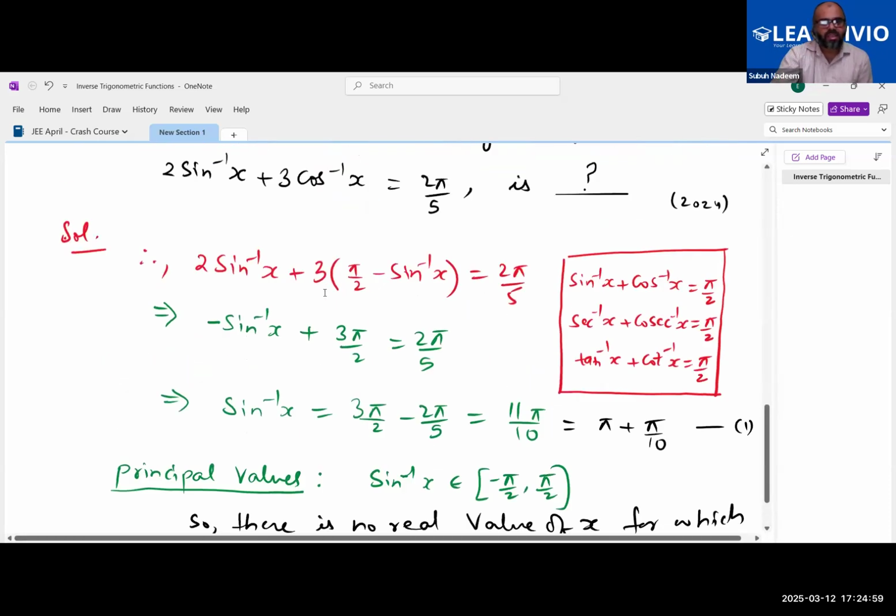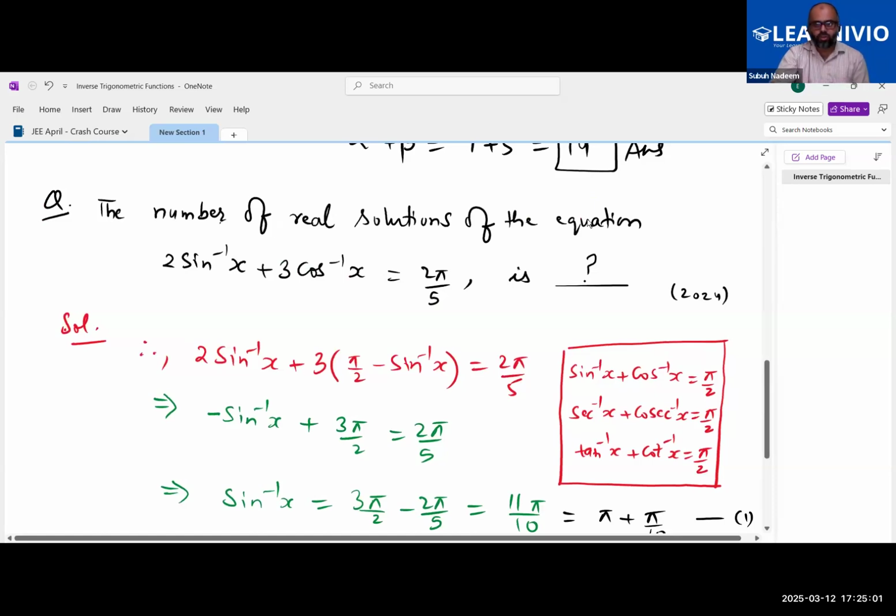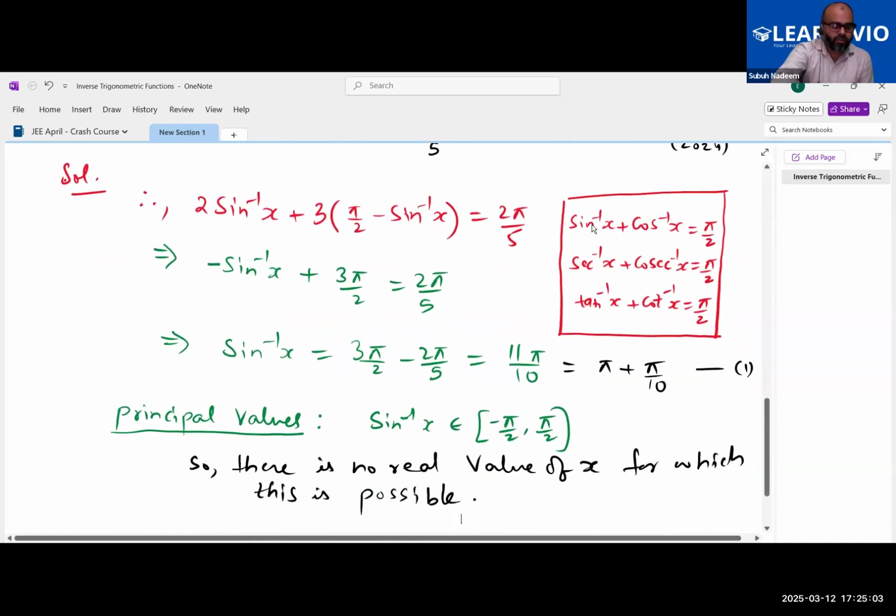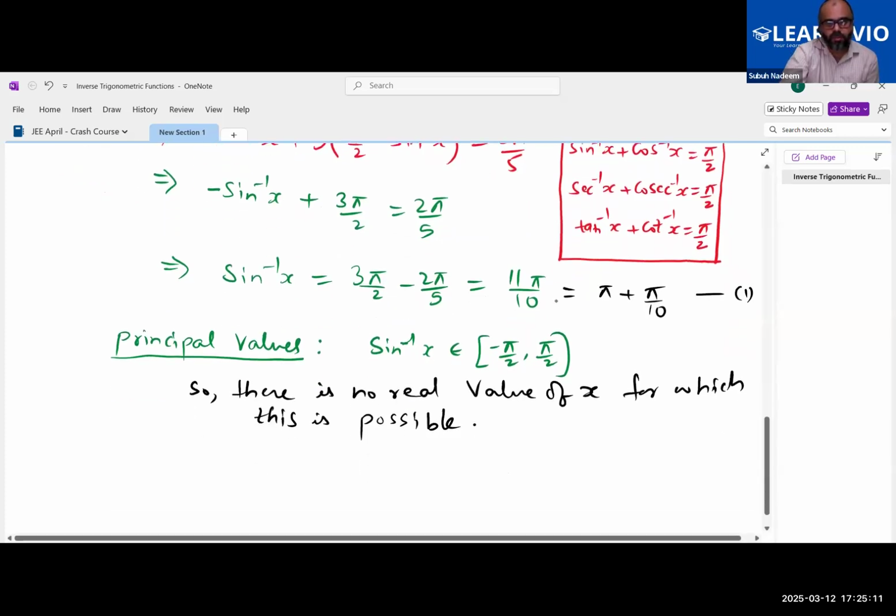They were asking the number of real solutions of the equation. So we will say the number of real solutions is 0. So the answer would become 0.